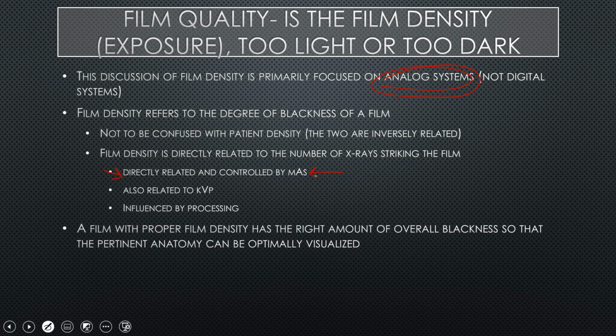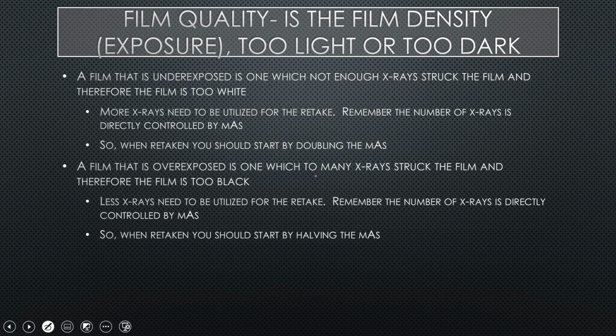Also influenced by processing. So a film with proper film density has the right amount of overall blackness so you can visualize the necessary anatomy, and even when we're talking about KVP, proper contrast as well. So if a film is underexposed, so there's not enough X-rays struck the film, that image is going to come out very white.